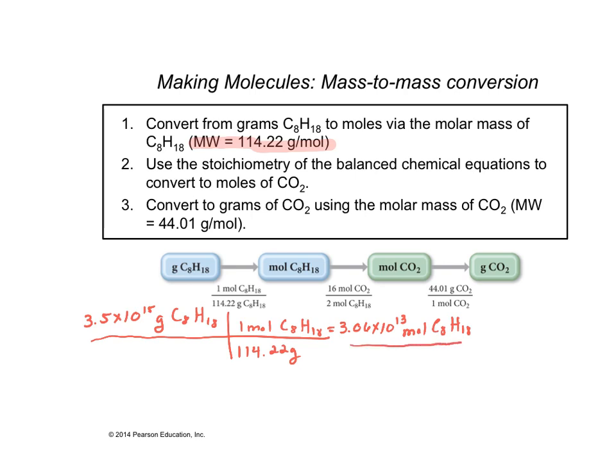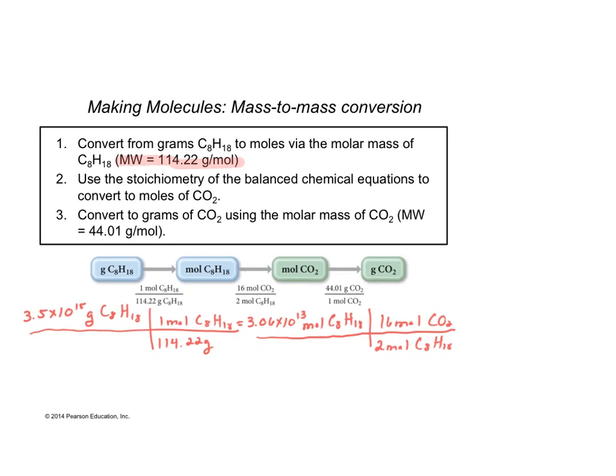So now that I'm in moles, I can convert to moles of CO2, because for every 2 moles of octane, I make 16 moles of CO2. I'm going to scroll over. This leaves me in moles of CO2, which ends up being 2.545 times 10 to the 14th moles CO2.